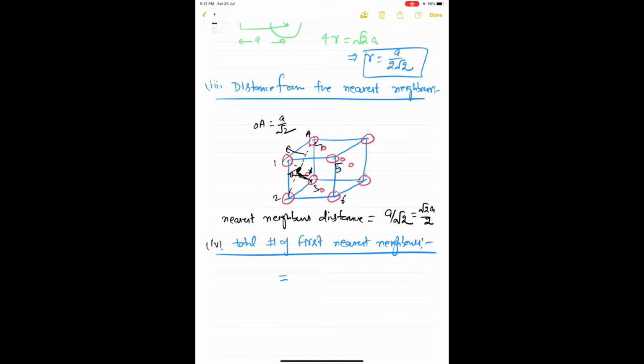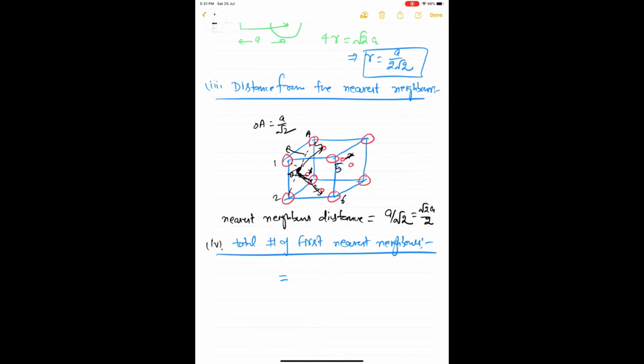If you go to the other side, the atom at the center of this particular face is also at the same distance. Similarly, if you reach this particular atom, this is also a by root 2 distance. If you reach this atom at the center of the floor, this is also a by root 2 distance.